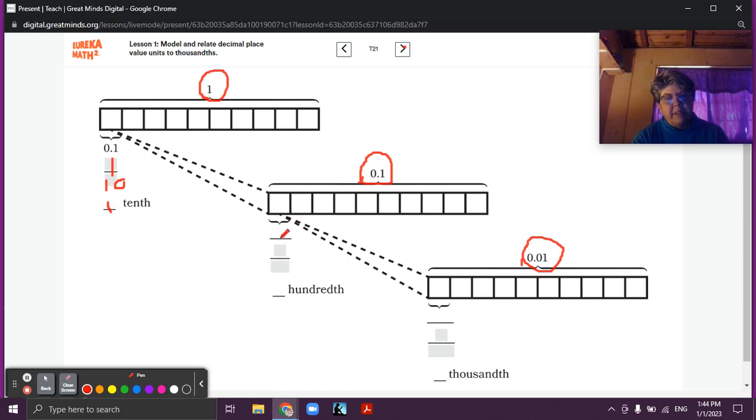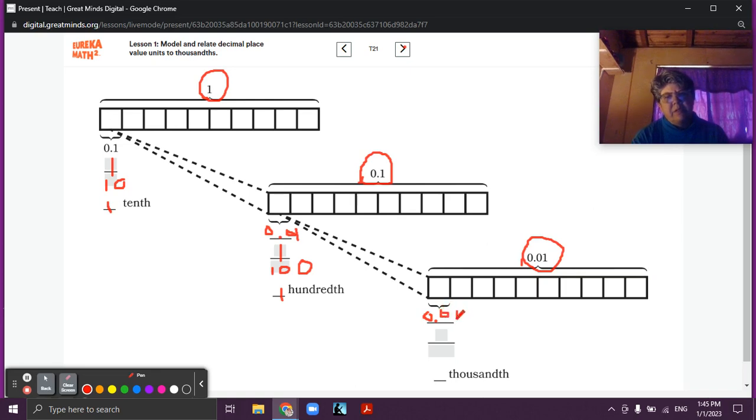And then this one is 1/10 broken into 10 parts. So that would be 1/100th. Right? And here we could write 100. Okay? And then it would also be 100th. So we have a decimal, a fraction, and a unit form. Then 100th broken into 10 pieces. Each one would be 1/1000ths.